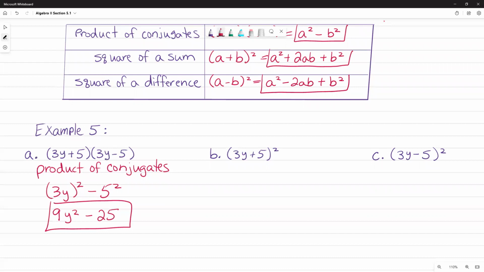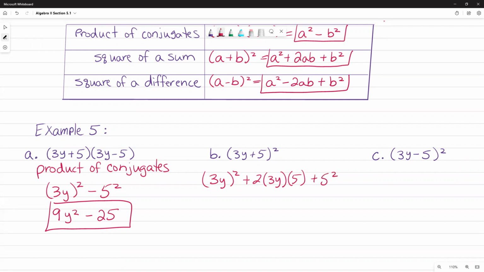Okay, so that means our answer is going to be A squared. What's our A? Same thing, yeah. So 3y in parentheses squared plus 2 times 3y times 5. A is the 3y, 5 is the B, 2AB, plus 5 squared.